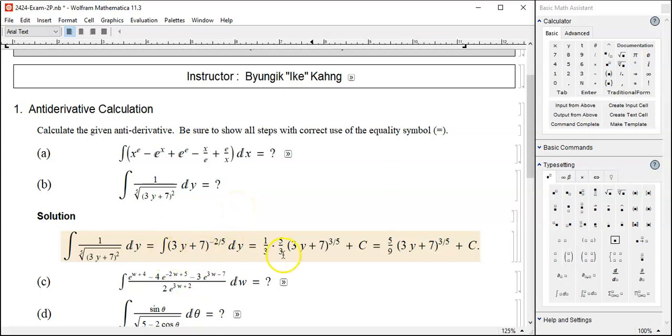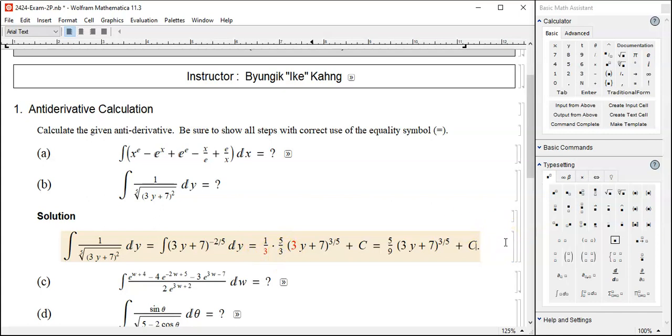So we got that. So add 1 to the power and divide. So that's how you get 5/3, the reciprocal of 3/5. And then finally what? We have this coefficient 3 that goes to the denominator. Yes, you can do it through integration by substitution, but that's going to be a bit of an overkill. If you do it right, after a lot of difficult process, you're going to get 1/3 anyway.